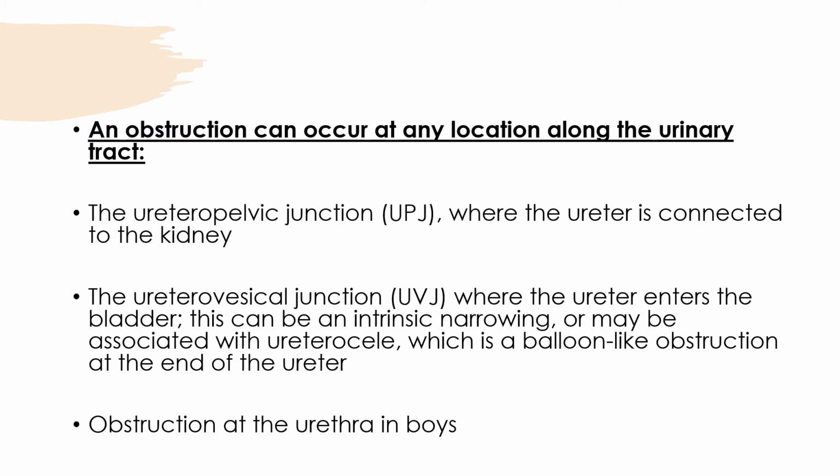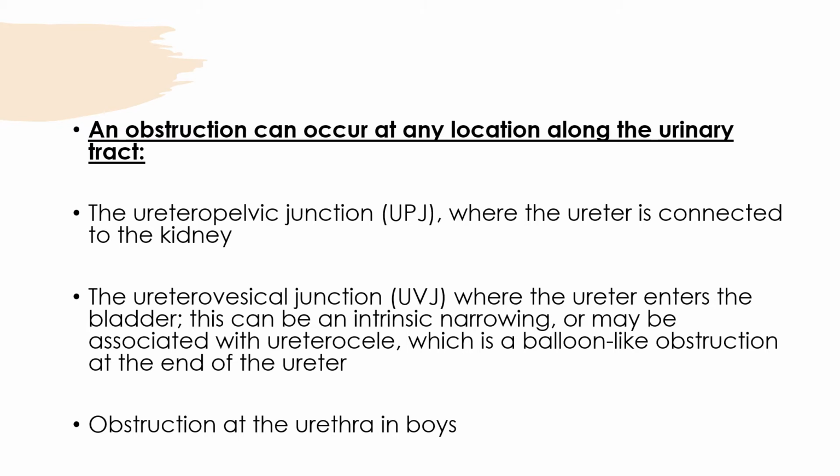So again, the UPJ, and what happens is that the opening where it should be going into the renal pelvis actually fails to canalize or create a wide enough tube. So it's very, very constricted, and we see this often on ultrasounds for babies, and that is picked up. We can actually see a little hydronephrosis starting in the unborn baby. And there can be a lot of congenital issues, like the ureteropelvic junction obstruction.